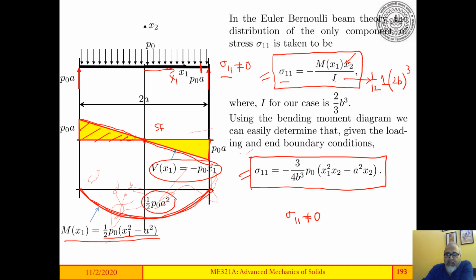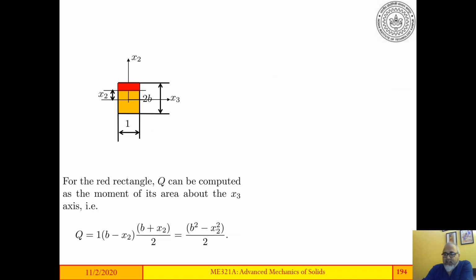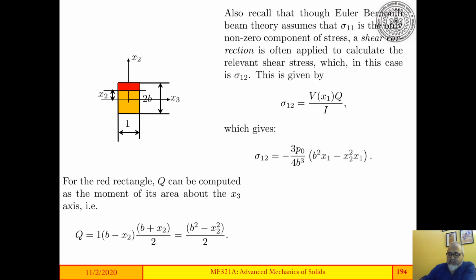As an afterthought, we do a shear correction for various reasons that I will explain sometime later in the course. This shear correction is given by the expression VQ by I. I we have already found out is 2/3 b cube. V we have already found out from here.